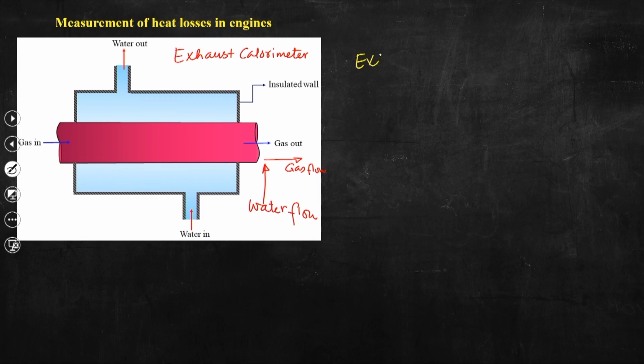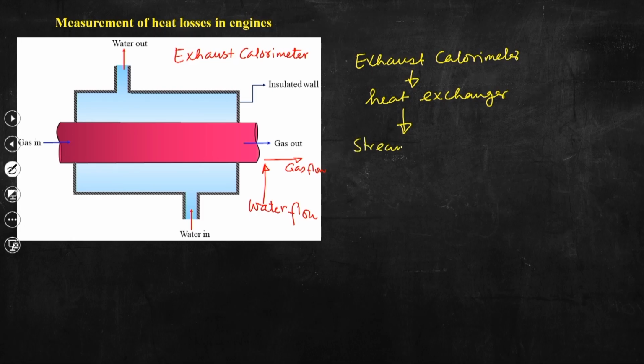So, exhaust calorimeter, it is essentially a heat exchanger, and in this heat exchanger there are two different streams. One is the stream of exhaust gases and the other is the water stream.